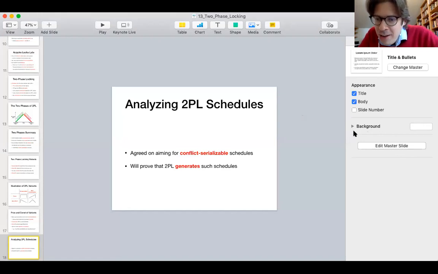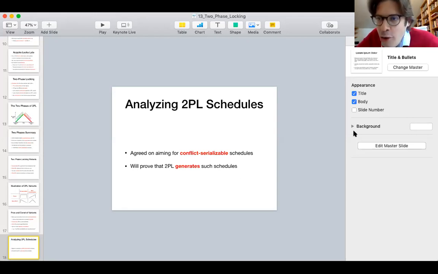All right, one question is about a reminder of what conflict serializable was again. So conflict serializable essentially means that for a given schedule, we find another schedule that is serial, meaning it executes one transaction after the other one. And we find that our current schedule is conflict equivalent to the serial schedule.